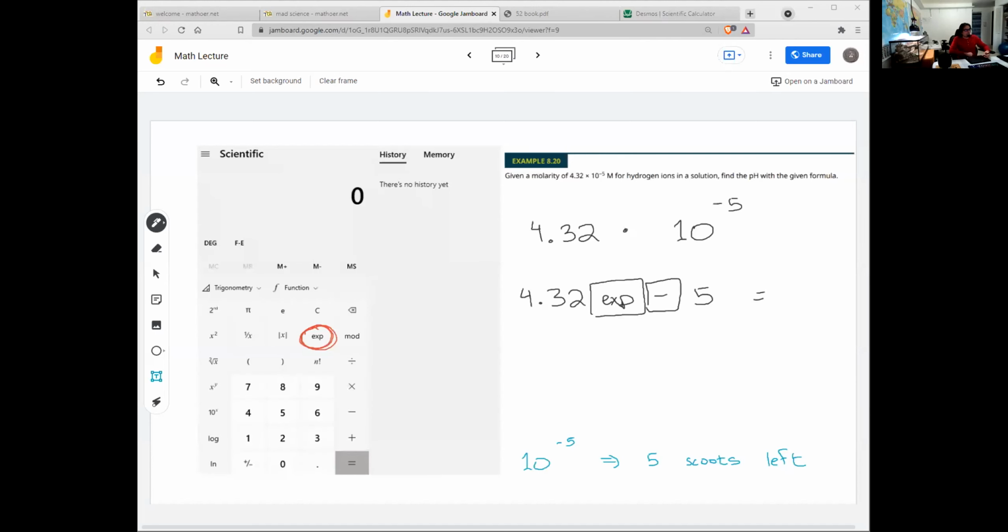So what the whole problem wants you to do then, pretend my calculator is working, hopefully yours will, is you're going to do a negative. Maybe that is a plus or minus. I bet it will be on yours. I'm going to change this minus to plus or minus, if you have one, then the log button.